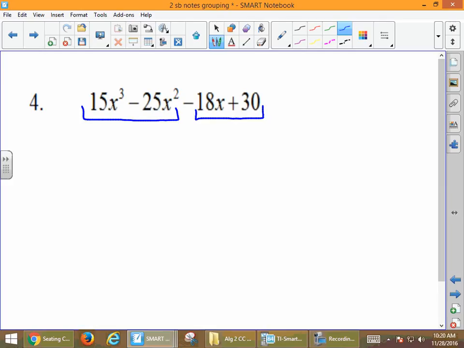And we don't have a greatest common factor in everything, but when we do split them up into 2 groups, we will be able to find a greatest common factor in the first group, and we'll be able to find a greatest common factor in the second group. So as we look here at our first group, between 15 and 25, what's the biggest number that goes into both of those? 5. Can you do the x's as well, Tiffany?